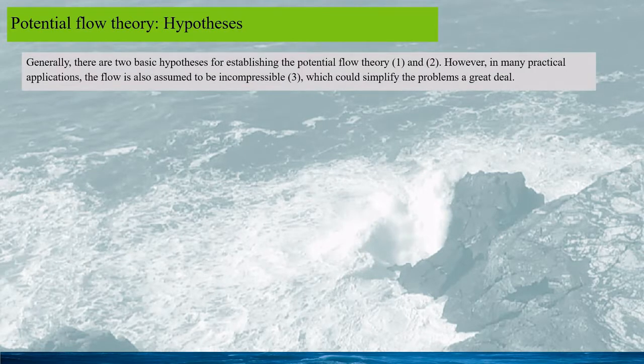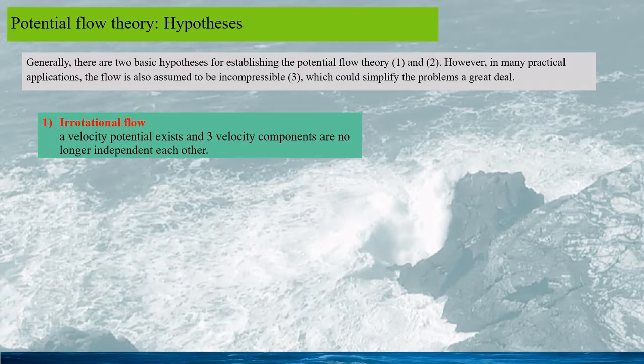Conventionally, there are 2 basic hypotheses for a potential flow, as the following hypotheses 1 and 2. The flow is an irrotational flow. This assumption would lead to a velocity potential function, and under such an assumption, the 3 velocity components are no longer independent of each other.